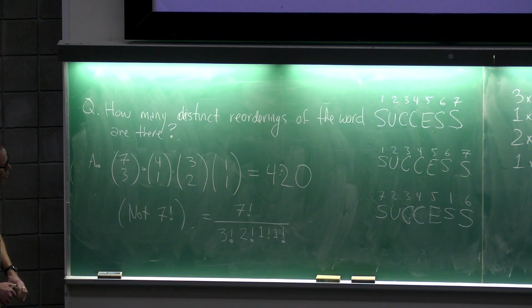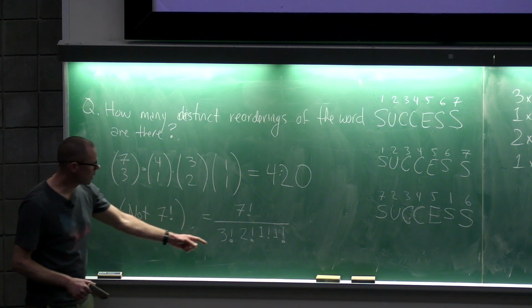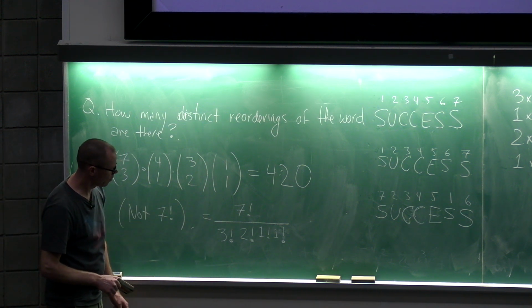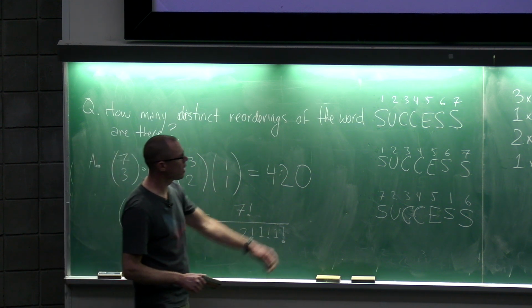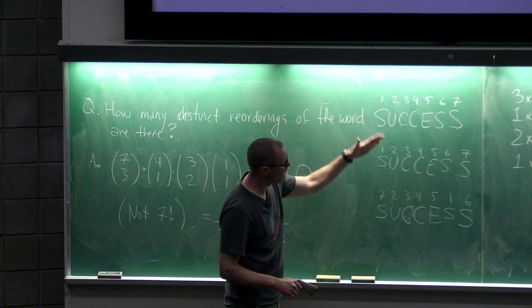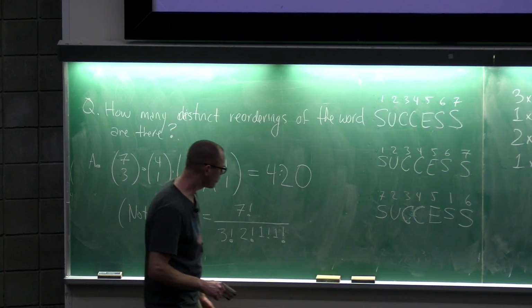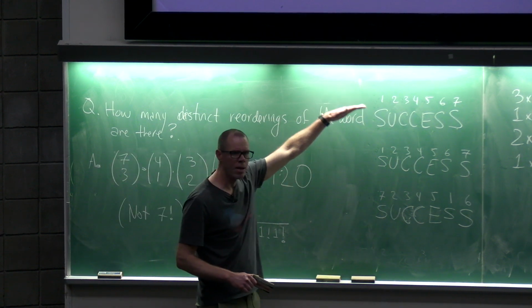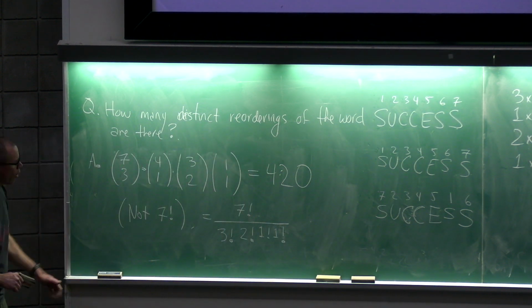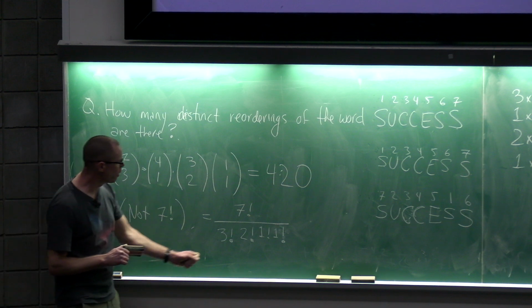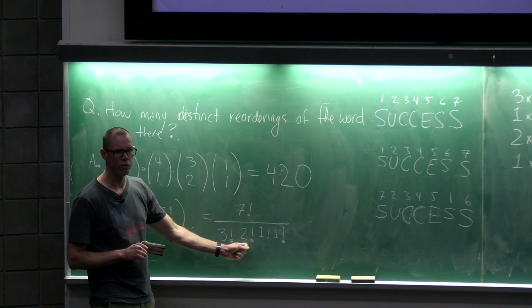What we'll find is that this is the number. If I were to list out all of the 7 factorial permutations, I'd see the same word appearing many times. How many times would I see a word appearing? Every word would appear exactly 3 factorial times 2 factorial times.